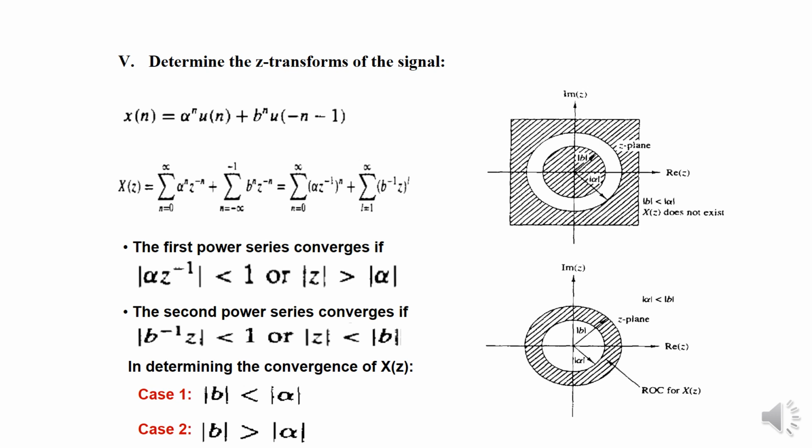For both we have to draw two circles: magnitude of z equal magnitude of a, and magnitude of z equal magnitude of b. If magnitude of b is less than magnitude of a, you can see how the region of convergence is marked. If magnitude of a is less than magnitude of b, you can see how the ROC is marked. So they are two different things.